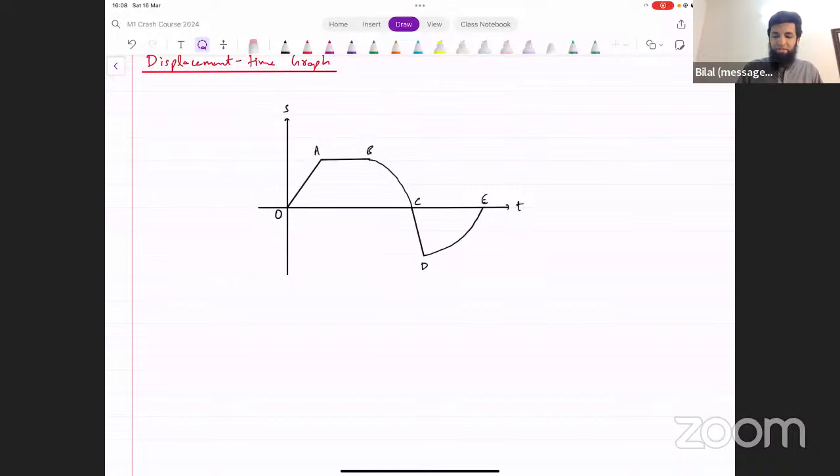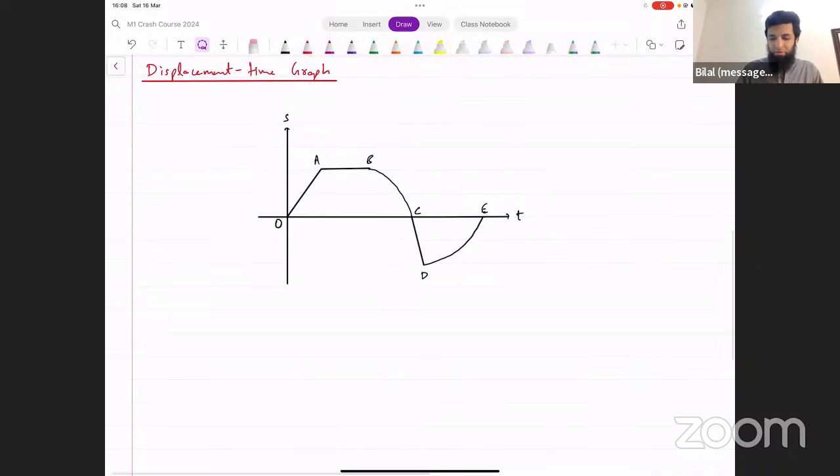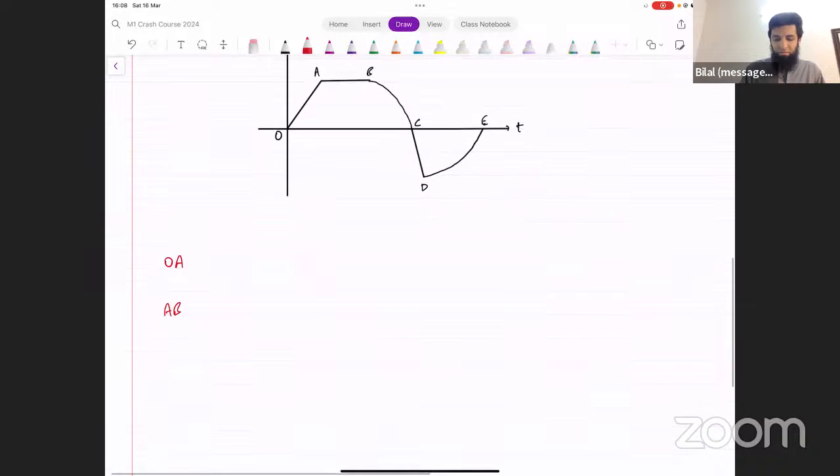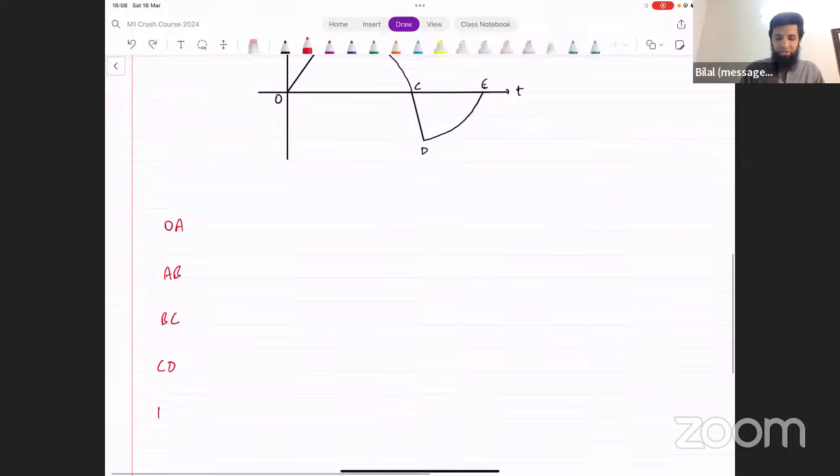I'm going to write down the different sections: OA, AB, BC, CD, DE. These are the 5 different sections on the graph.